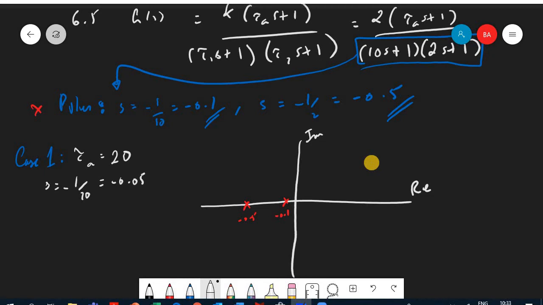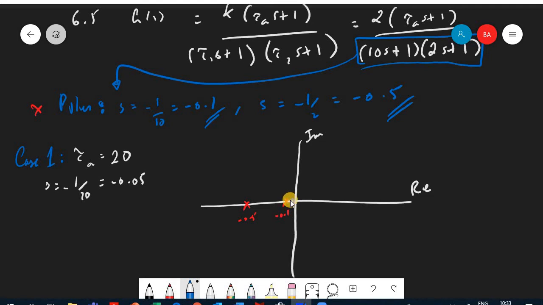And for minus 0.05, you will see that it just sits here. Sitting here, that means the 0 is going to be dominant, because it is very close to the imaginary axis.